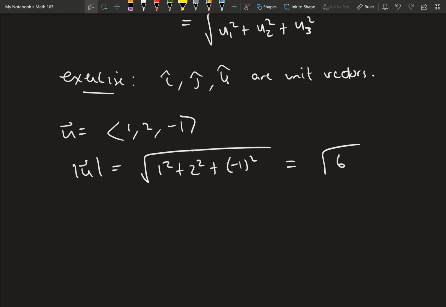How do we get it? What we want is to find a unit vector. Just for clarity, let me call this v.